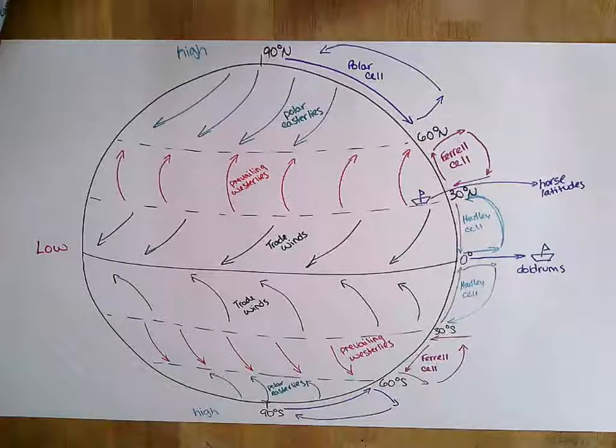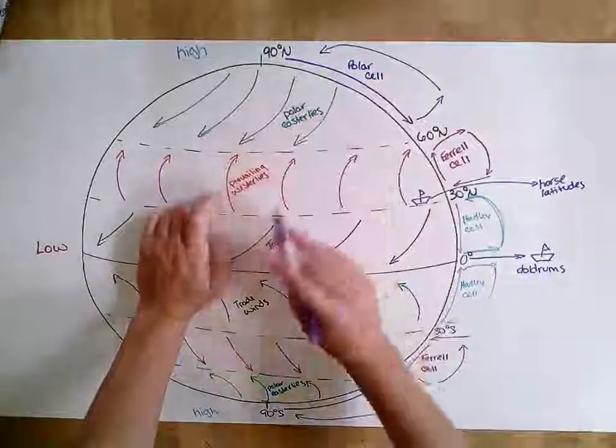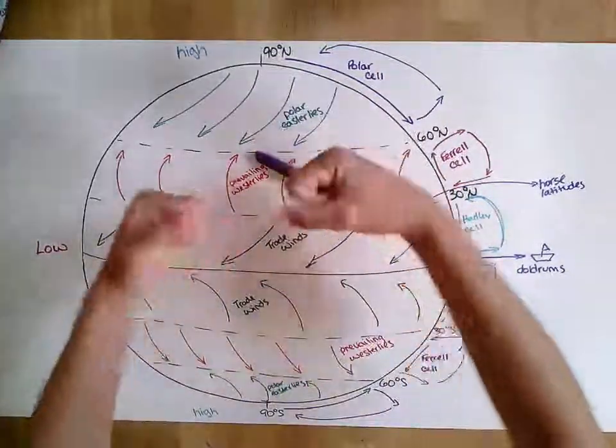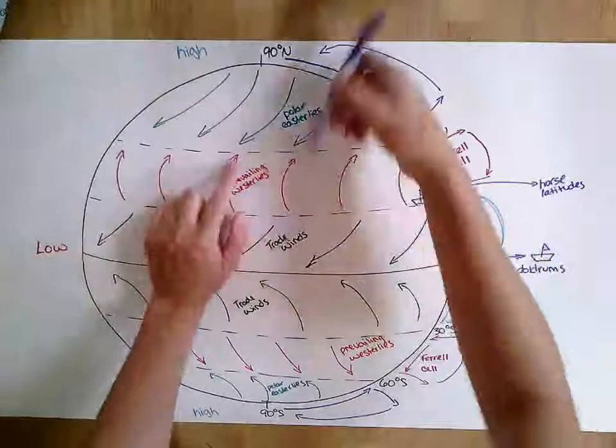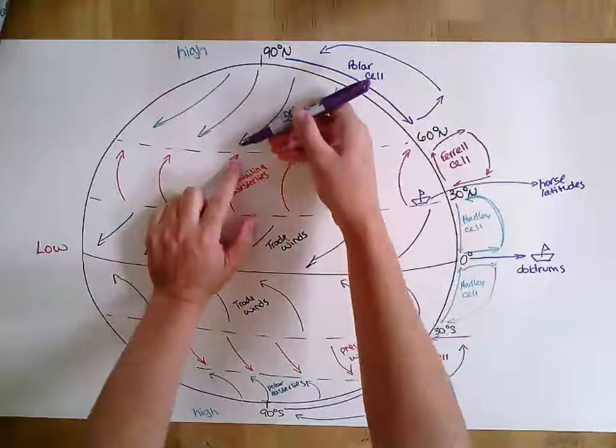One more really cool thing that happens at about 60 degrees north, and this is where we'll get into what these prevailing westerlies meant. Notice that the polar easterlies and the prevailing westerlies are going to be butting heads right here, right? See how they're just going to bump right into each other?